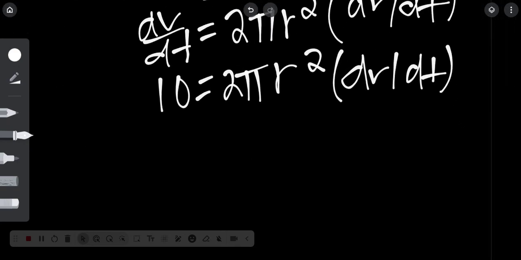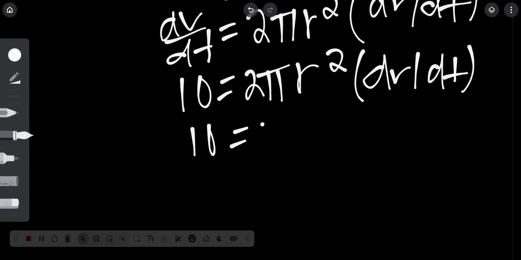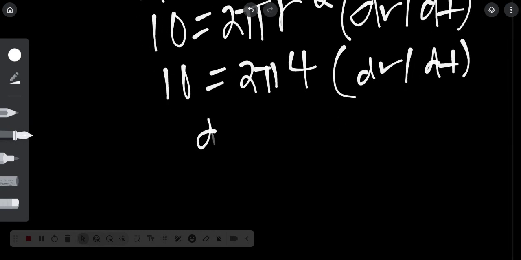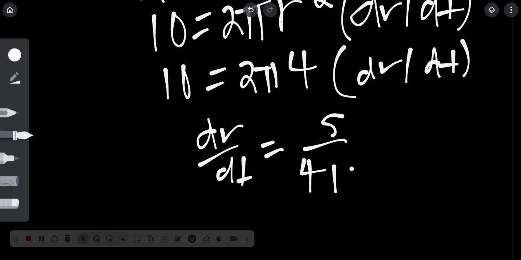So we substitute the 2 in here. We get 10 is equal to 2 pi times 2 squared, which is 4, times dr/dt. Now if we isolate dr/dt, we get that dr/dt is equal to 5/(4 pi).